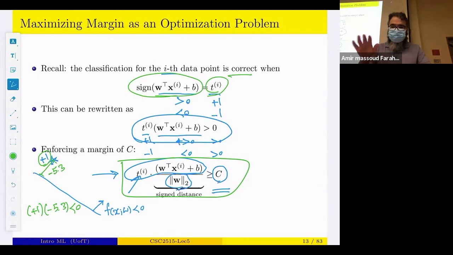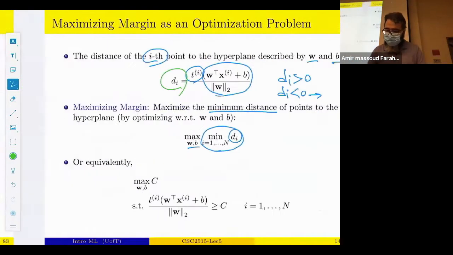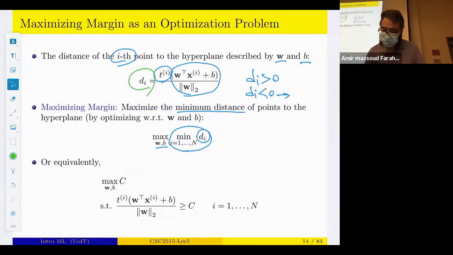There's a question: what's the effect of picking different c's? I'll get back to it. Okay, so we got to this point that in order to maximize the margin, we need to maximize the minimum of these distances. This is an optimization problem.